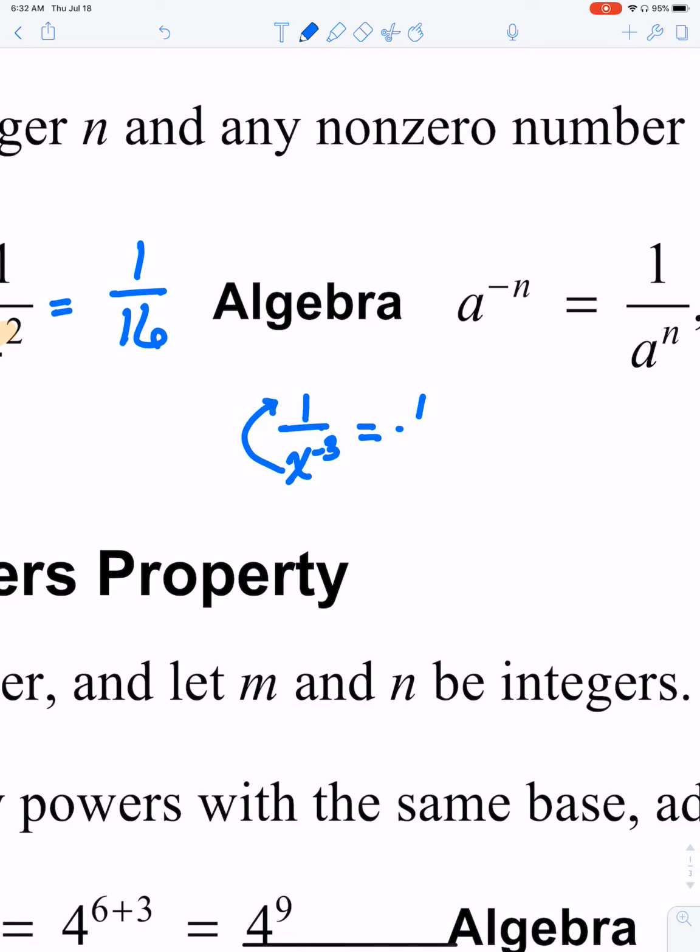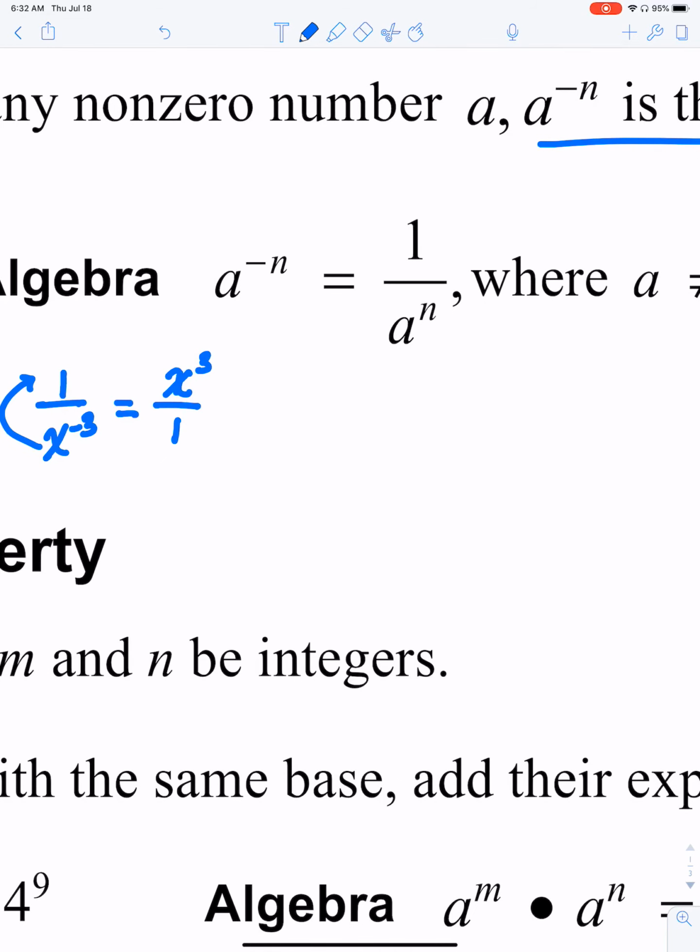So it would become x to the third over 1. Now, if it was written x to the negative third over, say, 2, you would bring it to the bottom, and then it would become 1 over 2x to the third, and you'd be multiplying x to the third by that 2 that's already in the bottom.